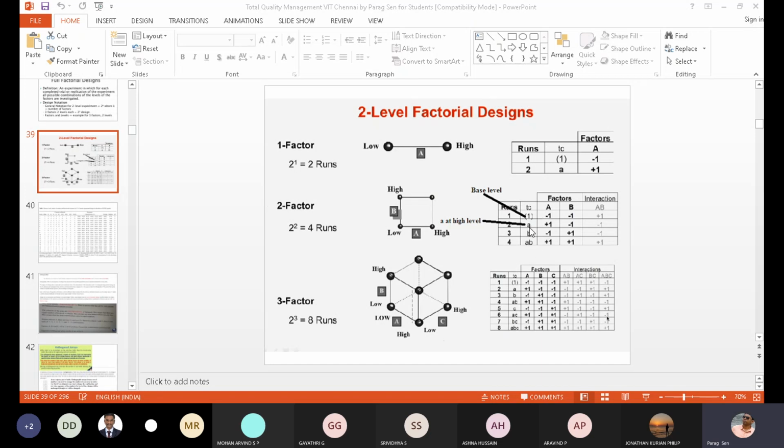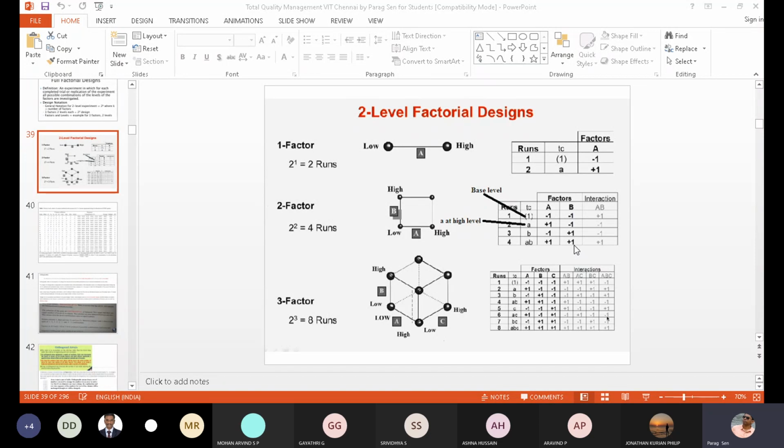You can see that this is A, B, and 1. So when TC is A, that means factor A is at higher level. When TC is B, it means that factor B is at higher level. When it is AB, it means both the factors A and B are at higher level.